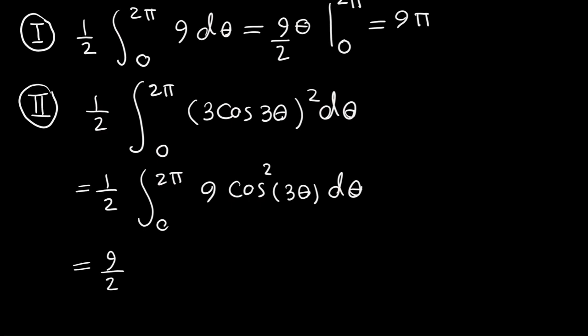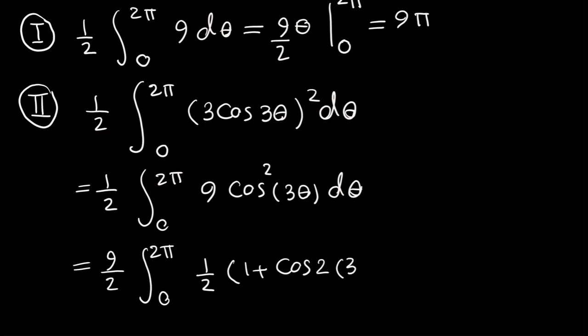And because here we have cosine square, and you remember that we don't have a direct formula, we replace it by 1/2 times 1 plus cosine of 2 times the angle. The angle here is 3 theta.